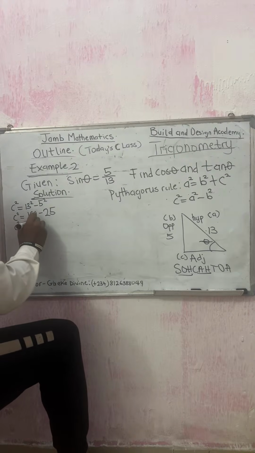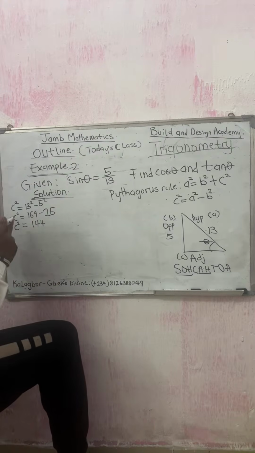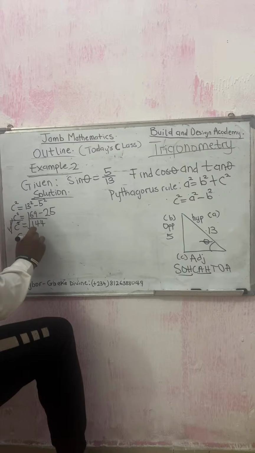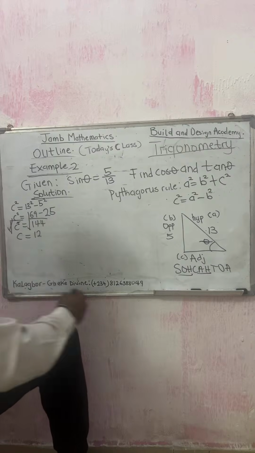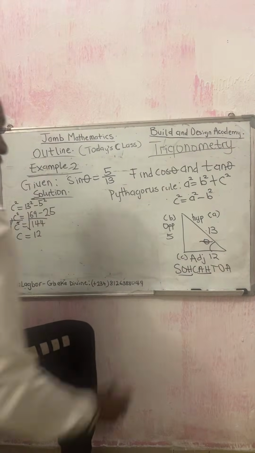We'll have our answer as what? 144. Now, to eliminate this square sign, we'll simply take the square root of both sides. So this square root will cancel this square, and c will be equals to the square root of 144, which is what? 12. So we've gotten our value for c, which is the adjacent, as 12.